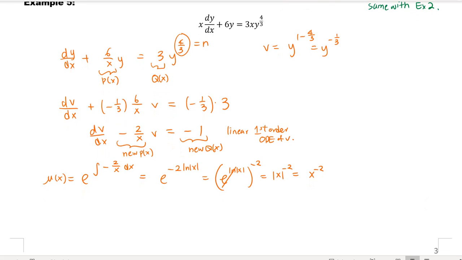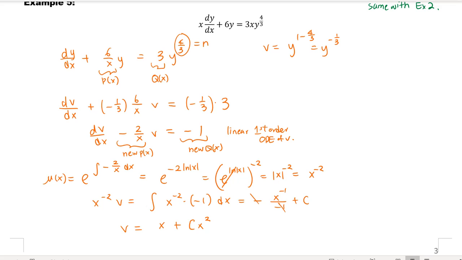Okay, then the formula is x to the minus 2 times v equals the integral of x to the minus 2 times q, which is minus 1. Oh, this is x to the minus 1 over minus 1. They cancel. So, and what is v? Multiply both sides by x squared. Then we have x plus cx squared.